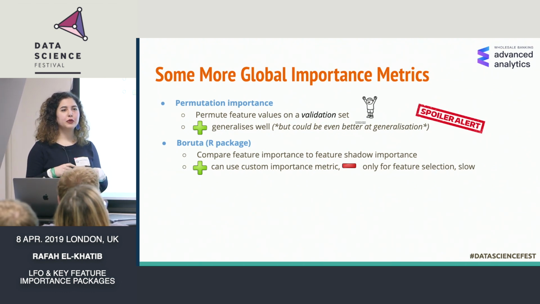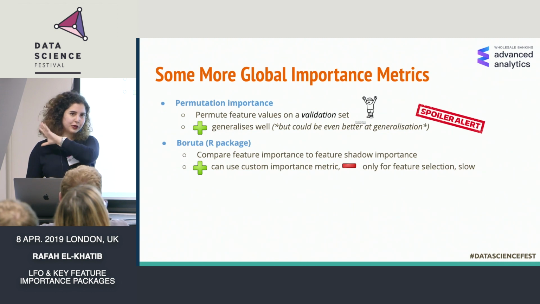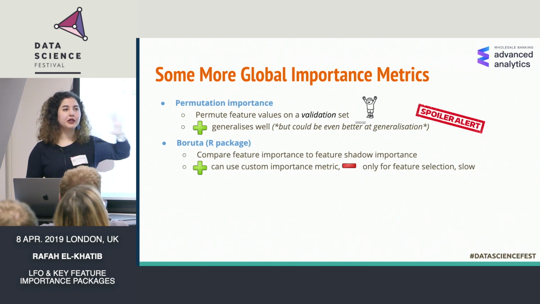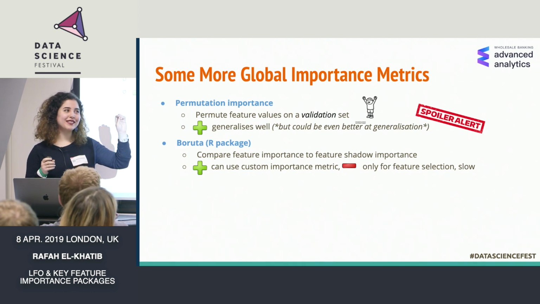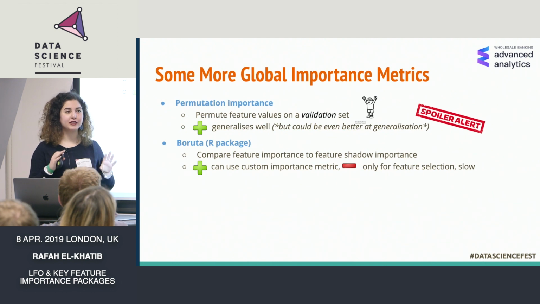Then you take whatever performance metric, whatever importance metric you want, and you evaluate, on the training set, the importance of all of those features, the original ones and the duplicates. Now you have importances for each feature. Then you take the maximum importance of all the shadow features, and this is now your threshold.